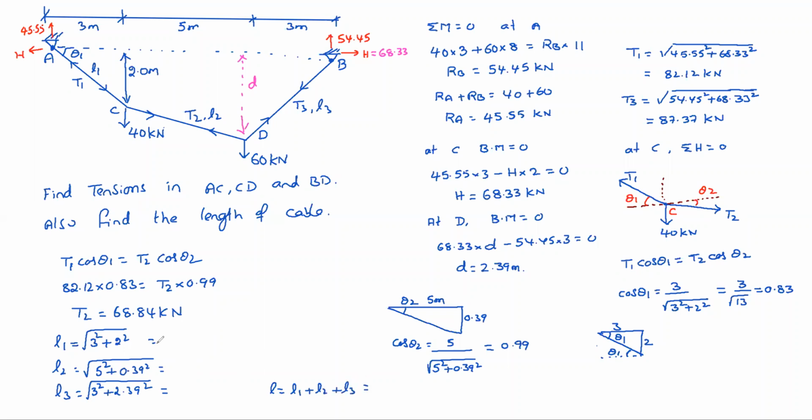So what is L1? 3.61. L2? 5.02 meters. Next, L3? 3.84.